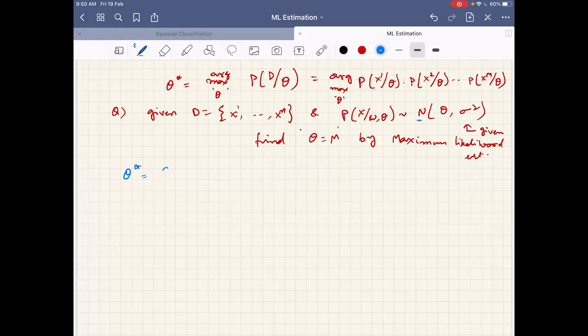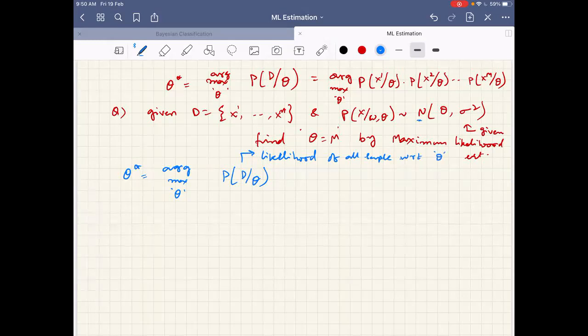So people, instead of maximizing directly argmax of P of D given theta, which is the likelihood function, this is referred to as likelihood, likelihood of all samples. Previously we were writing likelihood for a single sample. Now I have written it with respect to theta. For a given theta, how likely is it that these samples fit in?